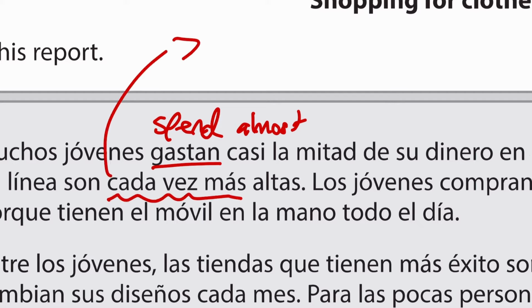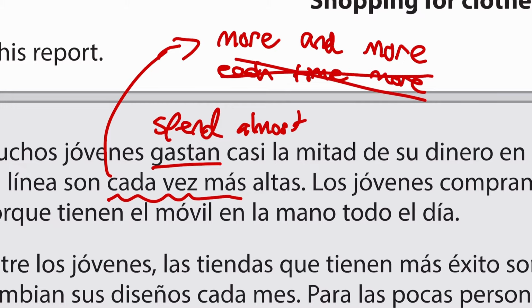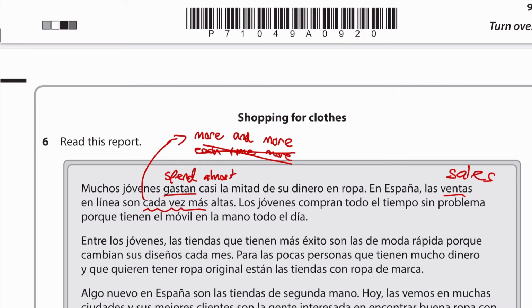It means more and more. You learn this at A-level. They don't really teach you this at GCSE. You translate it as more and more. So each time more. You don't say each time more. It looks like each time more, but you just say more and more. Okay? So more and more, cada vez más, more high. Yeah, altas, tall, high. So in Spain, online sales are increasing more and more.